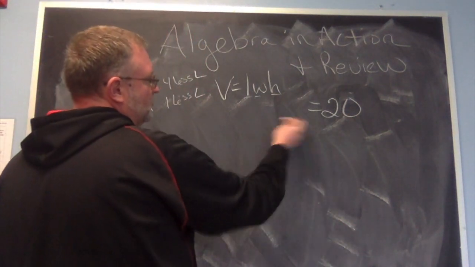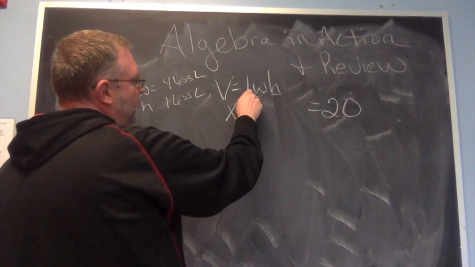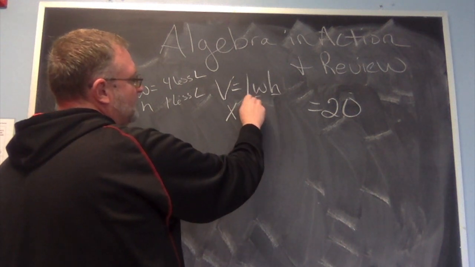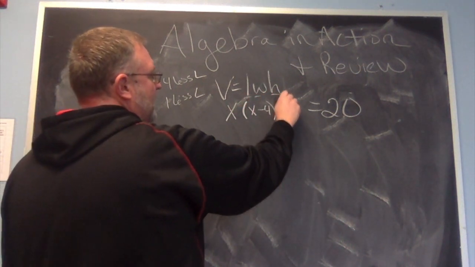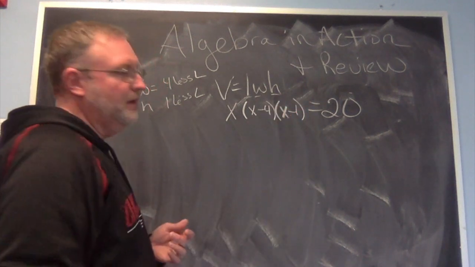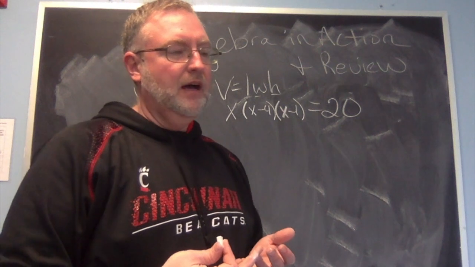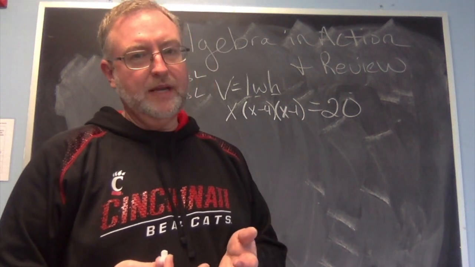All right, so we're going to write this out. We have volume equals 20. The length is x. The width is going to be 4 less than that, so x minus 4. The height is 1 less than that, x minus 1. All right, so now I've set up my equation. I have x times x minus 4 times x minus 1 equals 20.